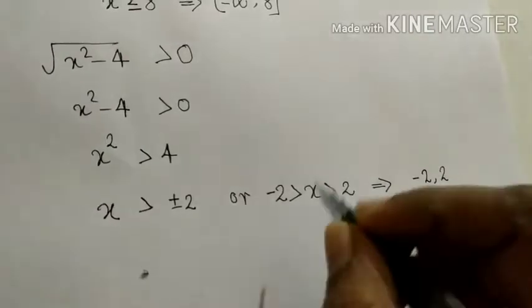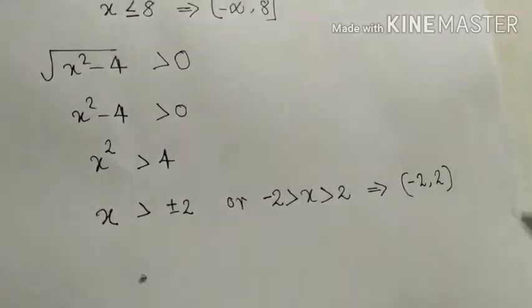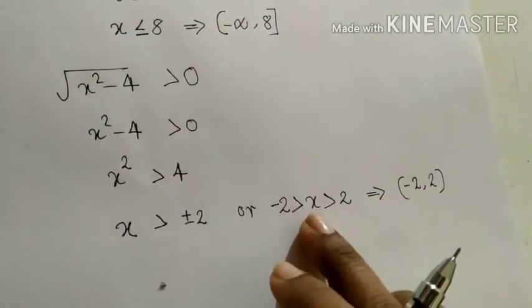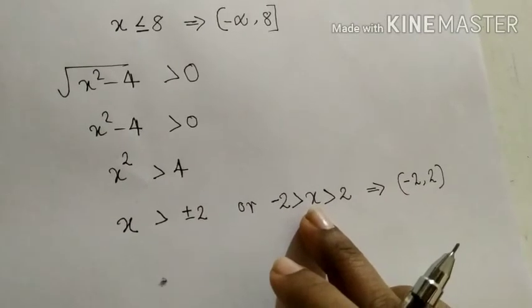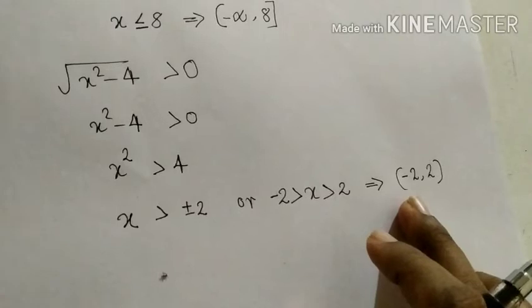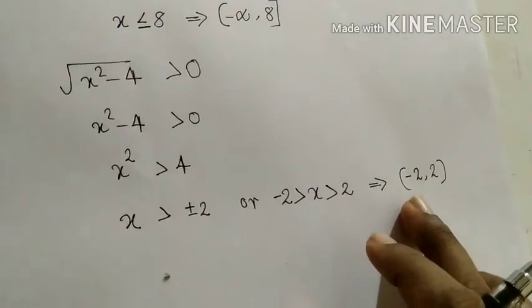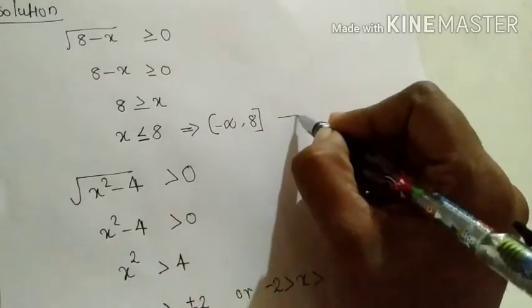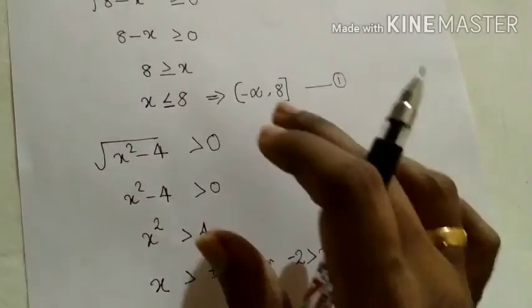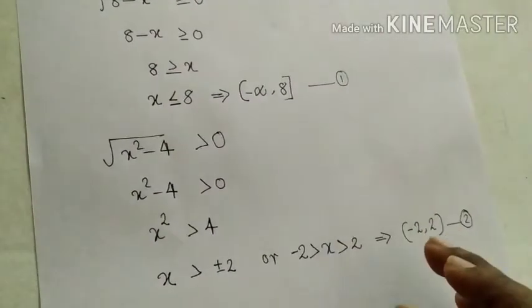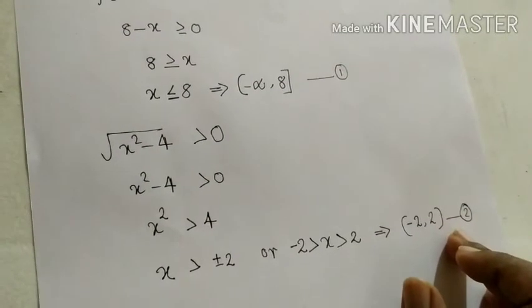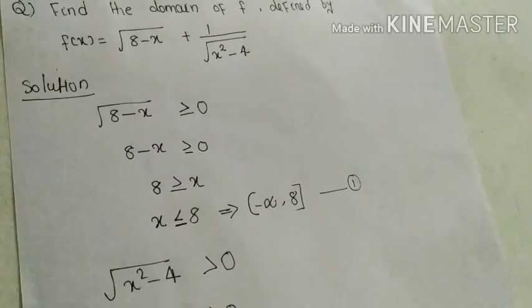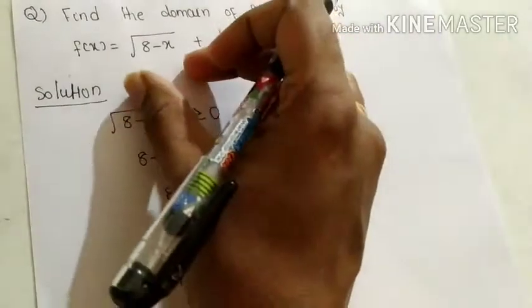Minus 2 to 2 open interval is represented by minus 2 less than x less than 2, which can be denoted in interval form as the open interval (minus 2, 2). Let me name the first one as equation number 1 and this one as equation number 2. So we get the domain of this function and that function.